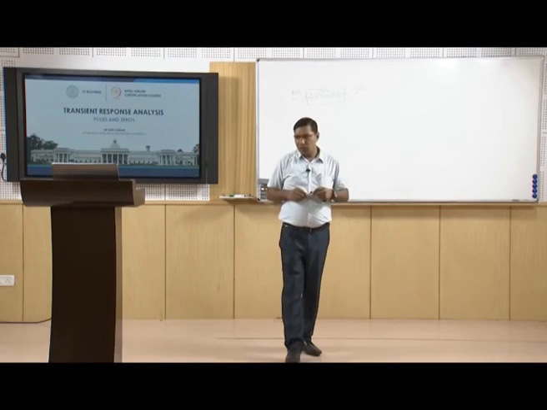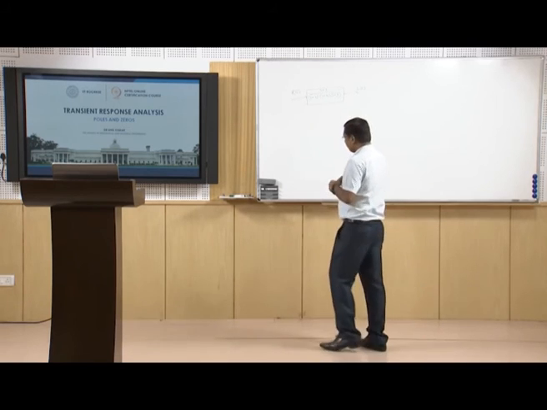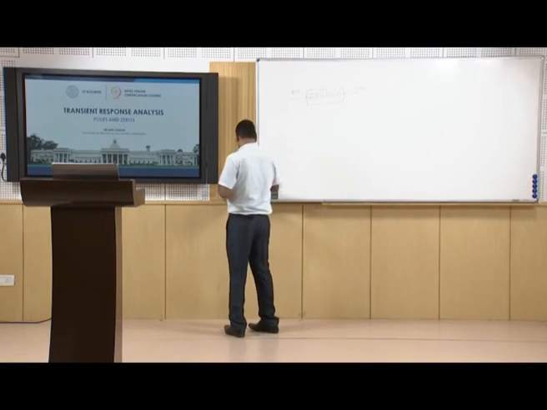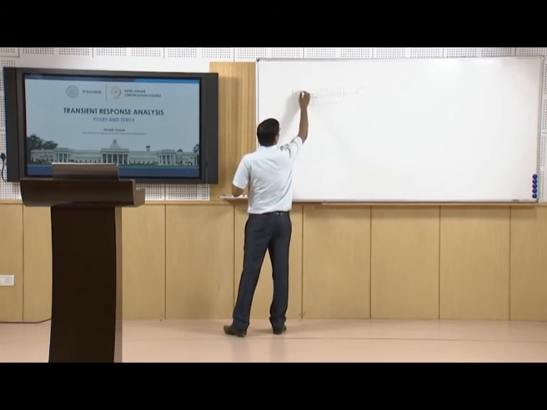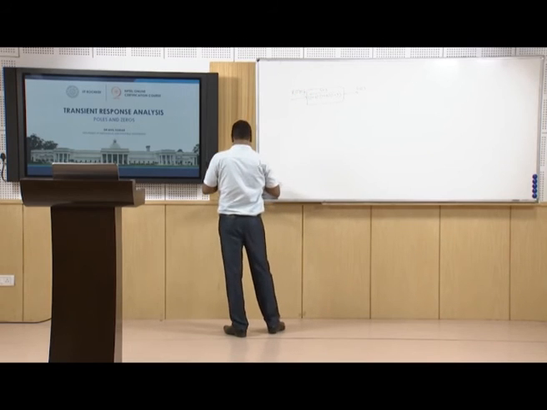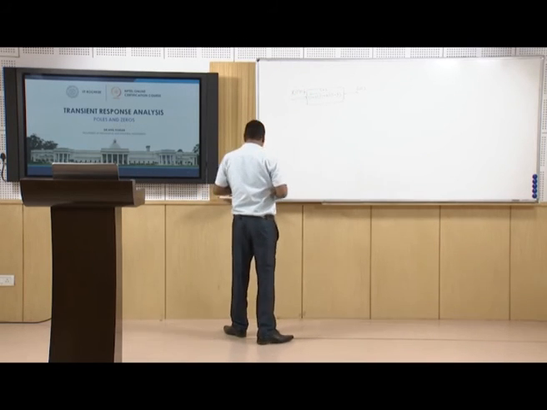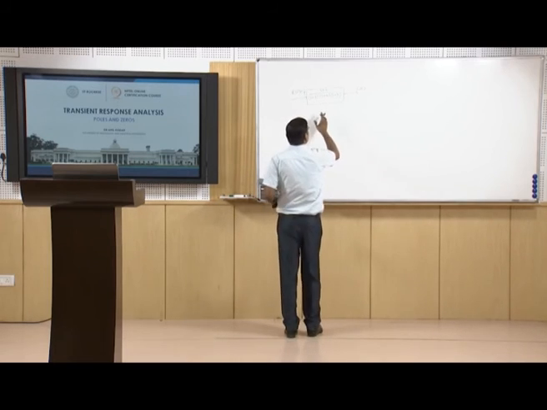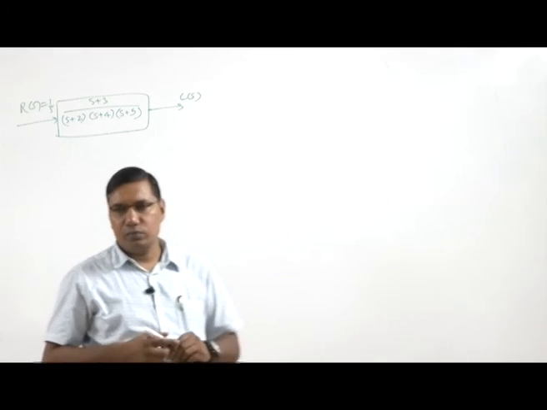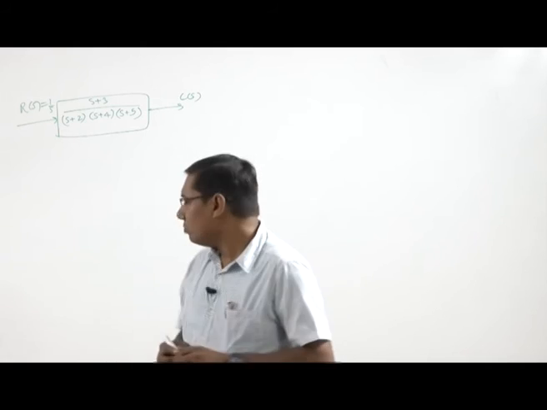Suppose this is my input R(s) equal to 1 by s. Let us say this is a unit step input. Now I want to find the response of this system.